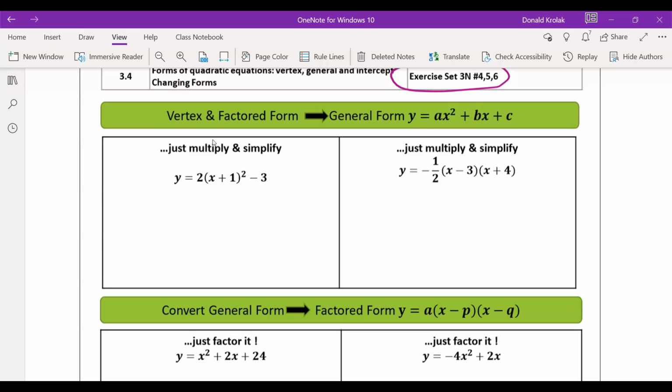Okay, so to expand, in this problem, here's our A value. A is 1. This tells us H is -1. This tells us that K is -3.